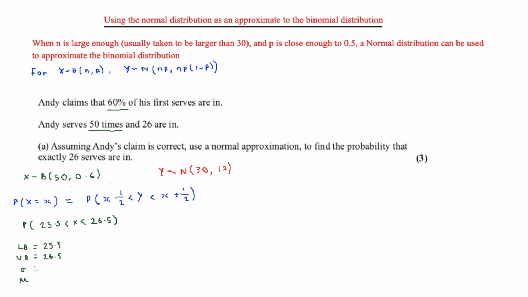Standard deviation, that's going to be root 12. If you remember, the variance there was 12, so in order to get the standard deviation, you have to root that. And then the mean is going to be 30. So type that into your calculator, press equal, and the probability is equal to 0.0592.